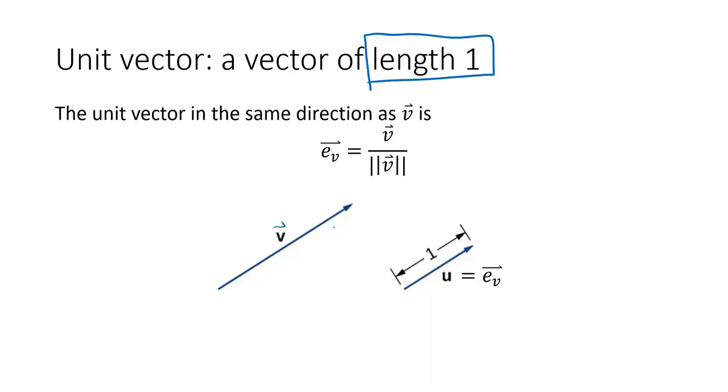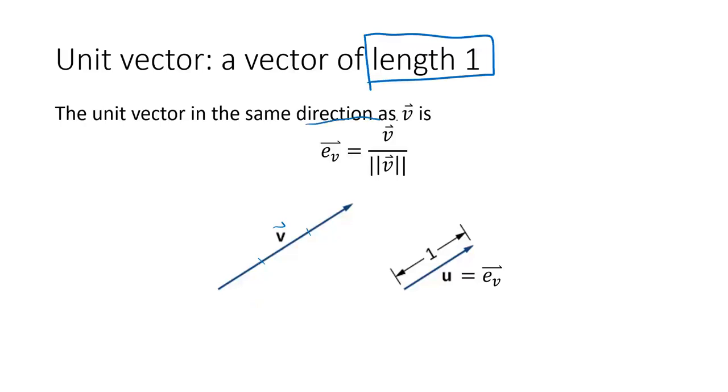Well, if we know this vector v has a magnitude 2, then all we need to do is divide it by 2. Then its magnitude would become 1. If we know its magnitude is 3, then all we need to do is divide it by 3. Then we have a magnitude 1 vector.